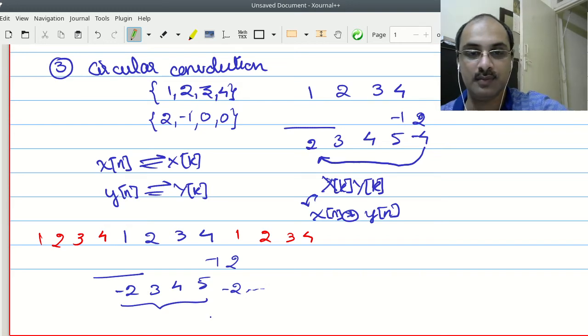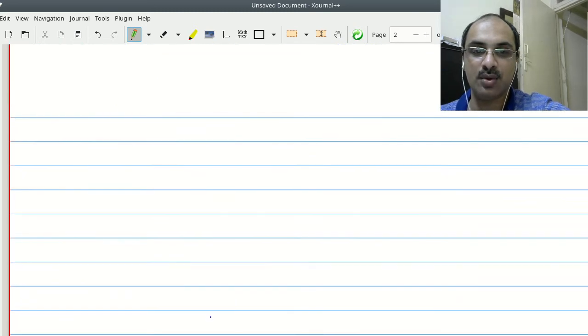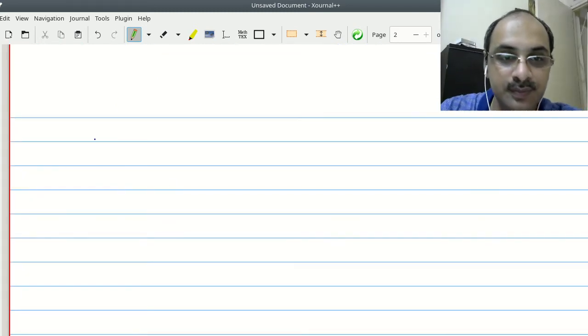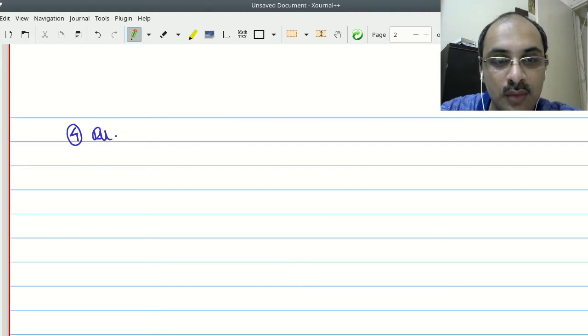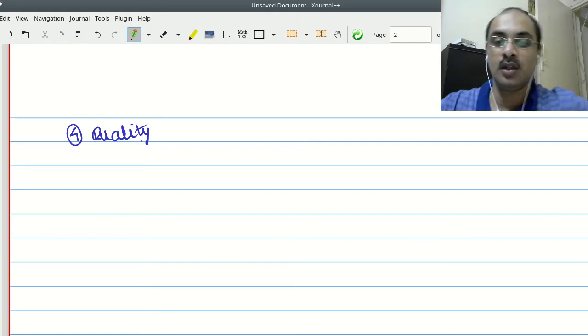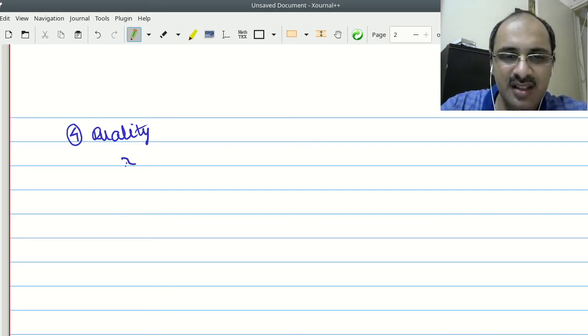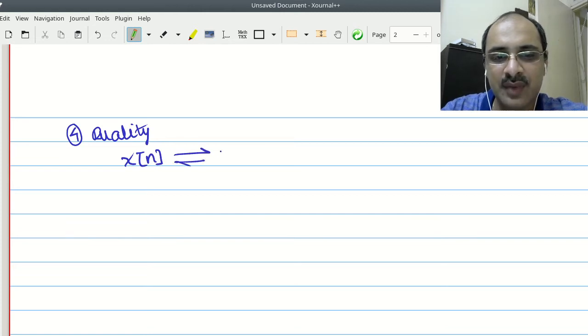Okay. The next property I would like you to look at is duality. So you know that in many of these Fourier transforms you have this duality, right? So when you have x[n] and that's X[k], the question is, what if you interpreted X[k] as a sequence?